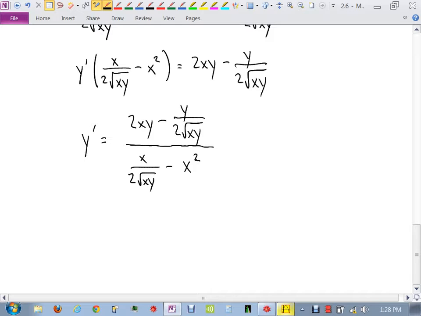Now, I'm almost sure the book won't have it like that as a final answer. They probably took this complex fraction and simplified it. At the beginning, do you care if we change the root xy to xy to the 1/2? Nope. Not at all.